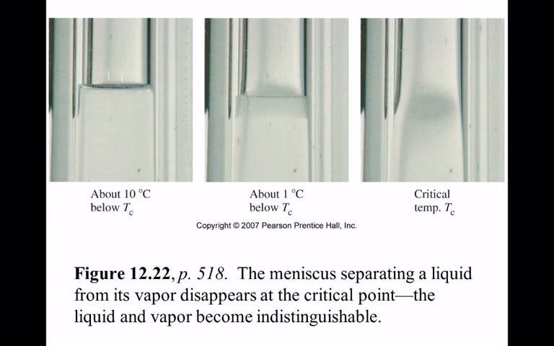And at the critical temperature, like the slide says, you really can't tell. You can see kind of a shadow where you have your liquid and your vapor, but their densities are so close, they're kind of one happy family, and it does look more like a gas.